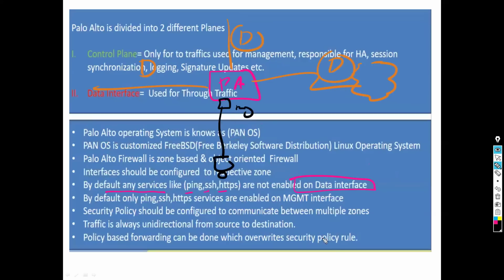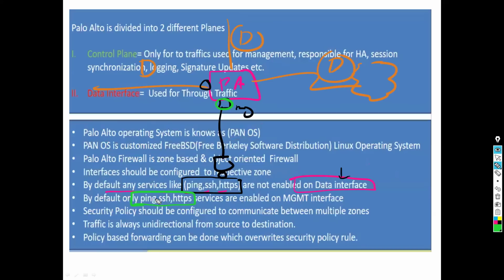By default, nothing is allowed on data interfaces. But on the management port, by default, these three services are enabled: ping, SSH, and HTTPS.